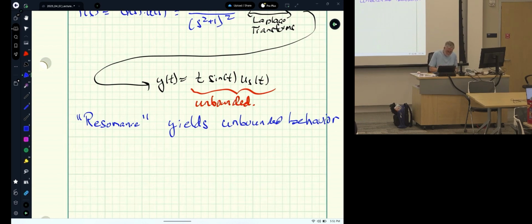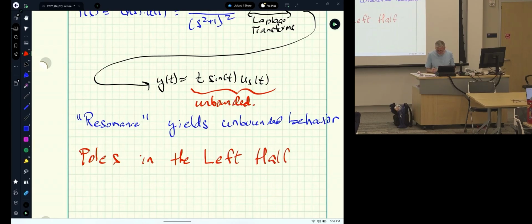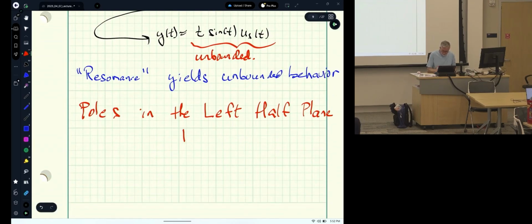That's why poles in the left half plane, which is the same thing as real part, all the poles less than 0.